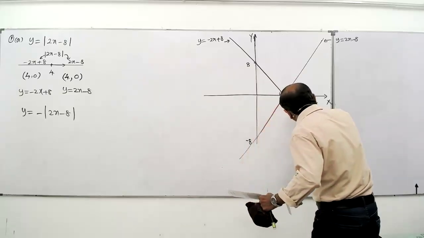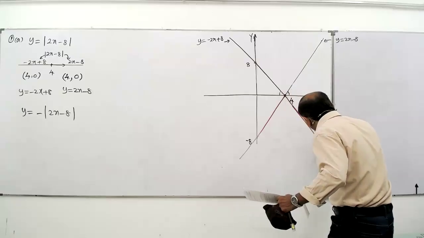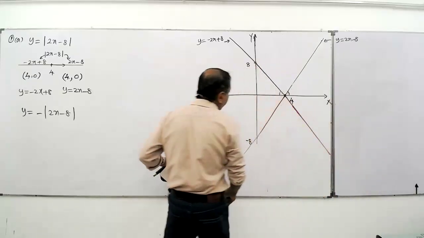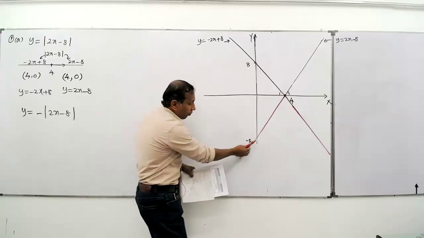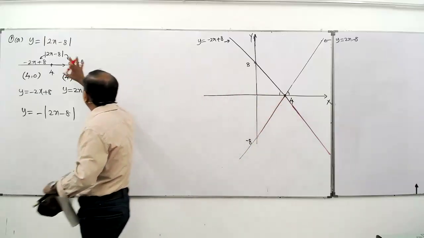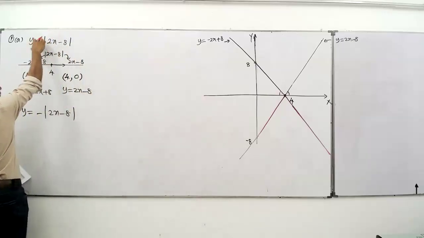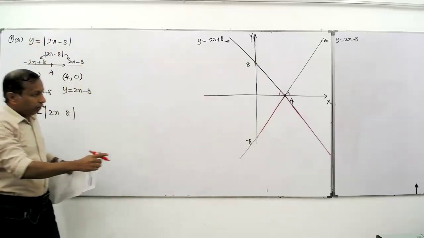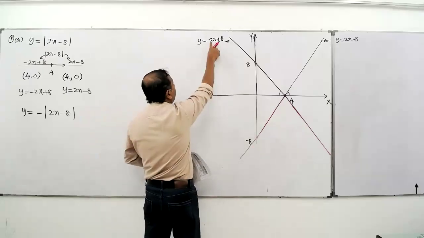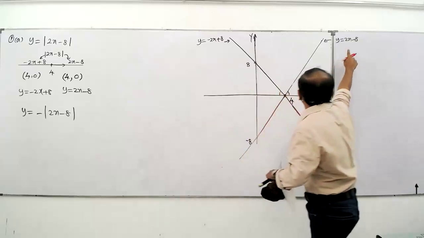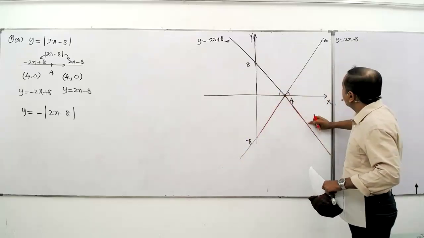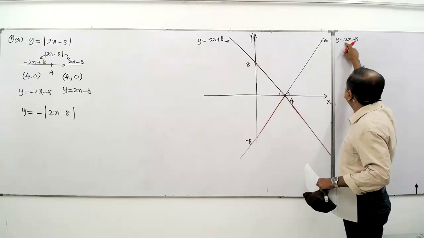Okay. Then we can see the equation of this. This red one is obtained by multiplying the right hand side by minus.